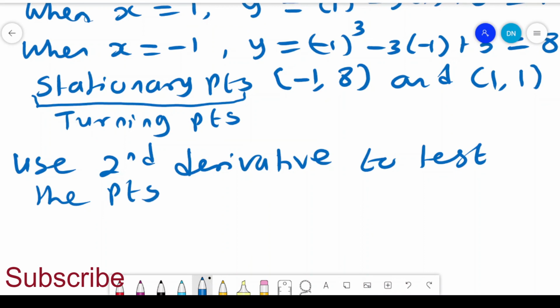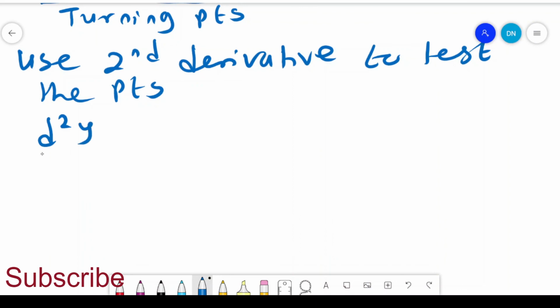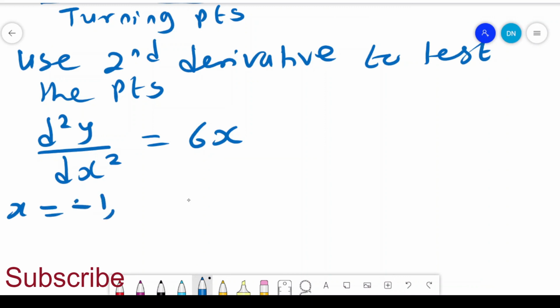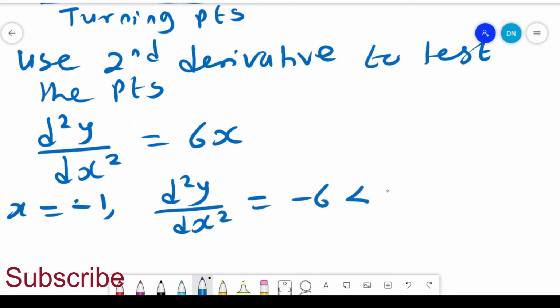So we use the second derivative to test the points.